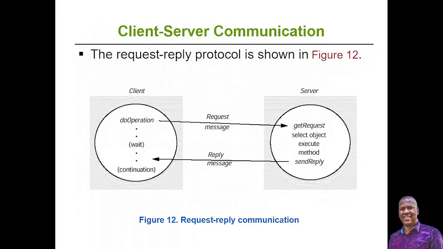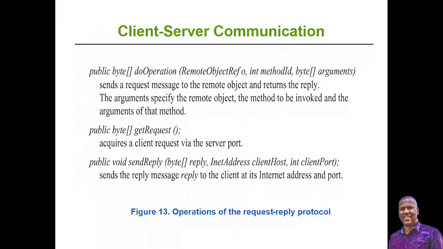For example, the request-reply protocol can offer the doOperation by sending the message. Then the server can execute and so on. So there's a kind of back and forth using the request-reply protocol. So here is how it is implemented.